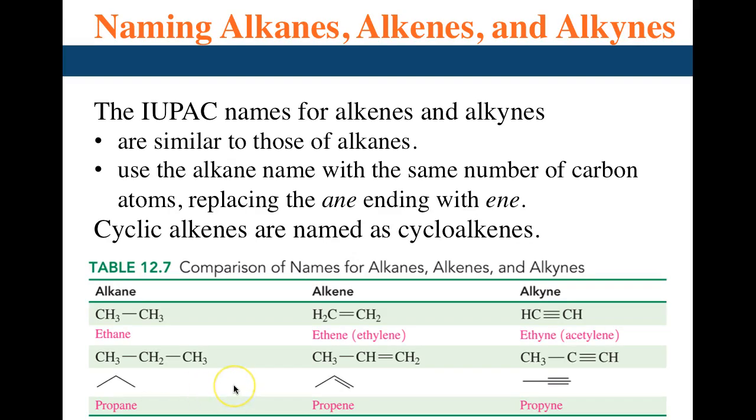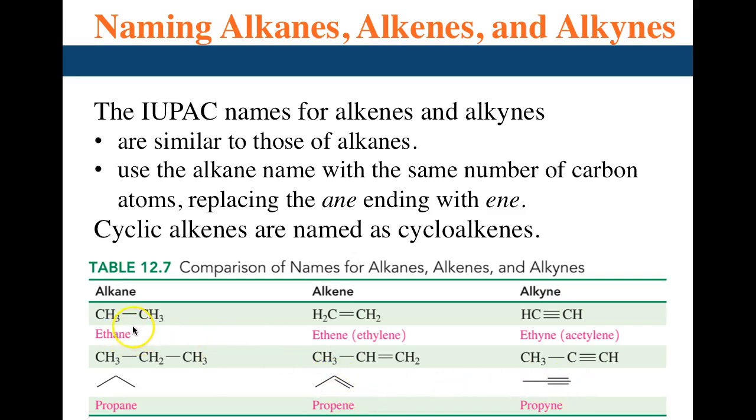So when you name these alkanes, alkenes, alkynes using the IUPAC method, again, make sure that if there's a substituent, you give it the lowest location. If there's a double or triple bond, it's always going to be at carbon 1 and 2 if there's only one double or triple bond and just 3 carbons.